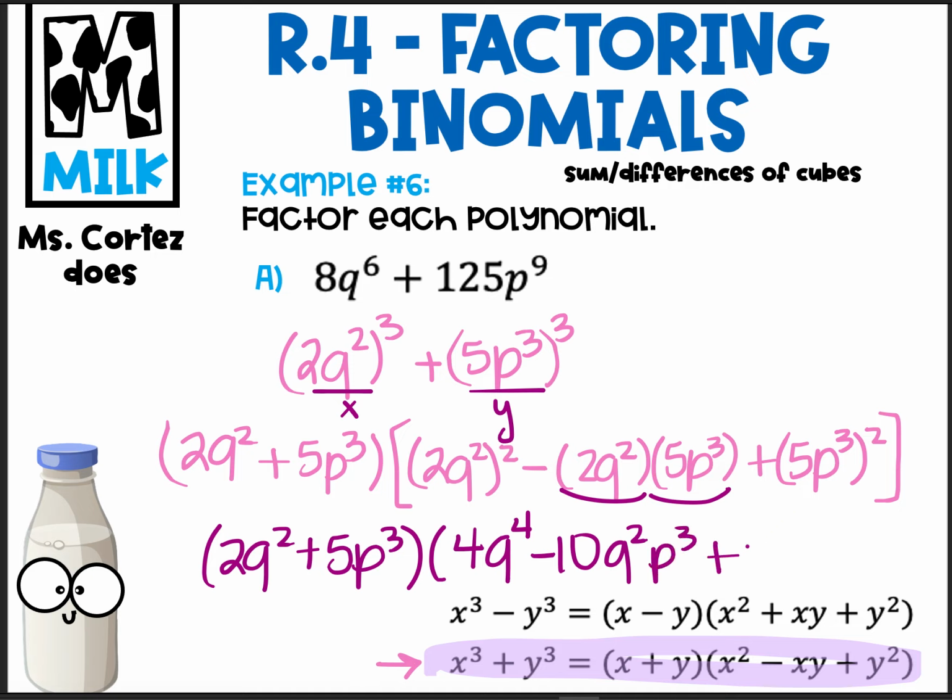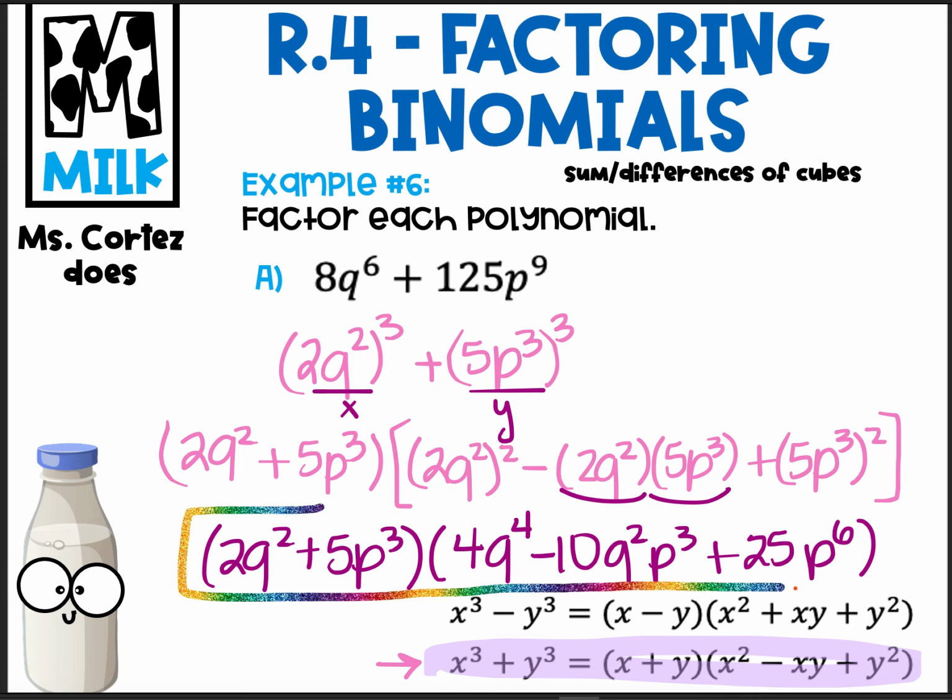Plus 5 squared is 25. p cubed to the power of 2 is p to the 6th. And this is the factored form of 8q to the 6th power plus 125p to the 9th.